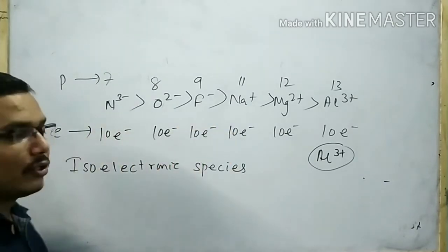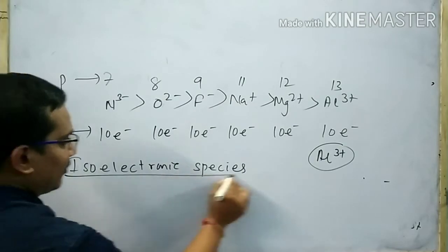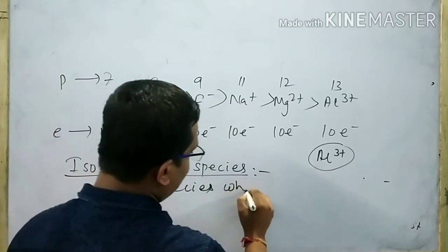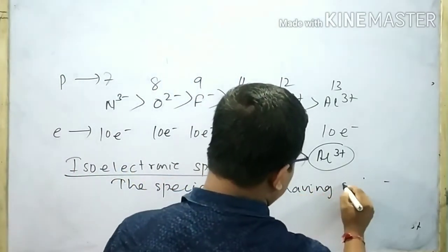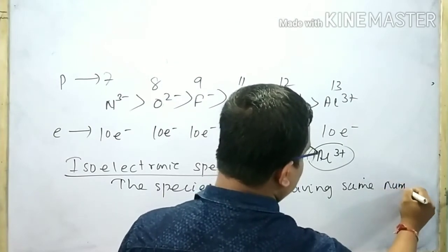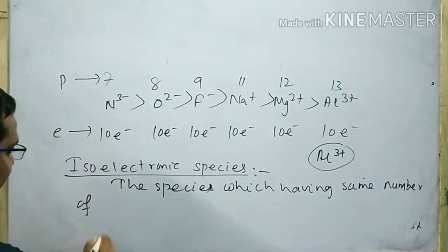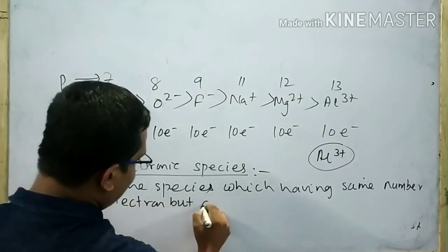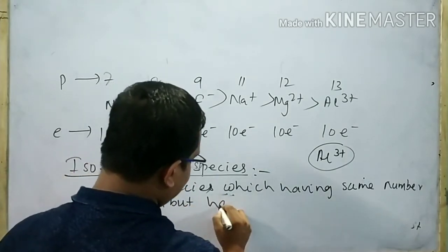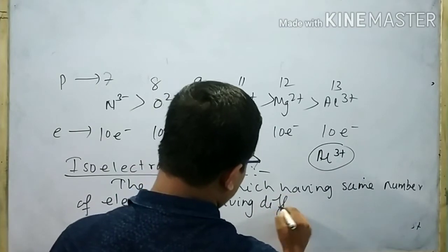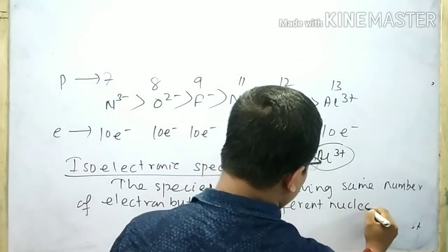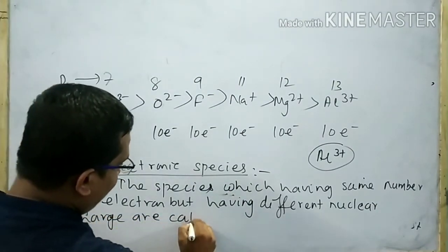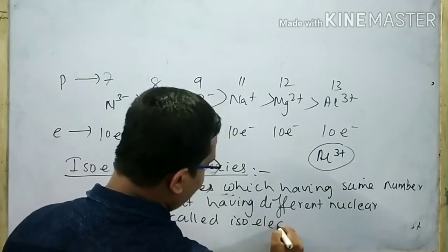These are said to be isoelectronic ions. The species which have the same number of electrons but different nuclear charge are called isoelectronic species.